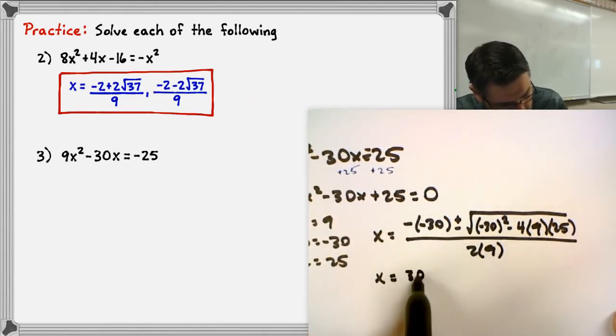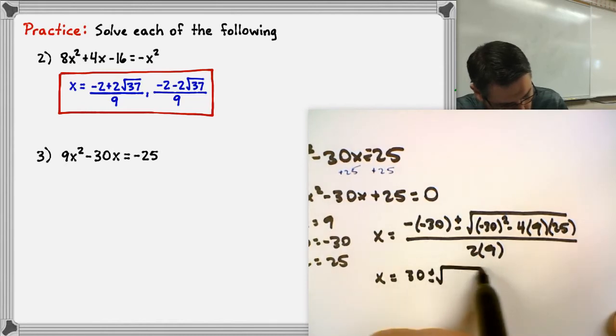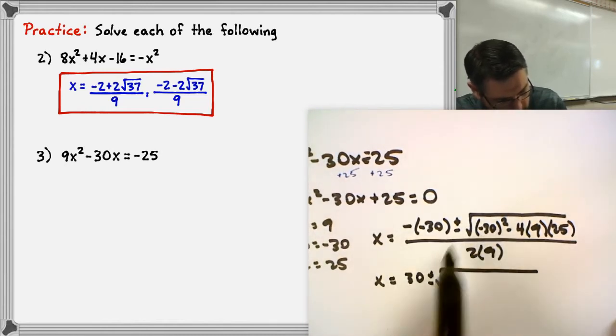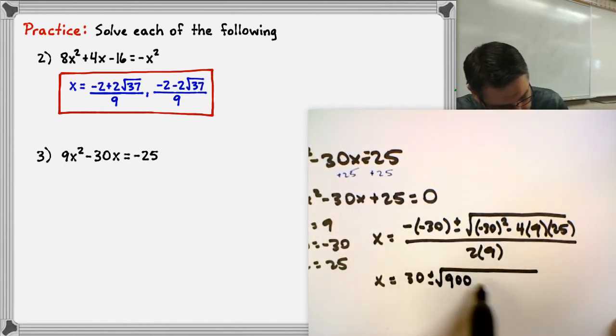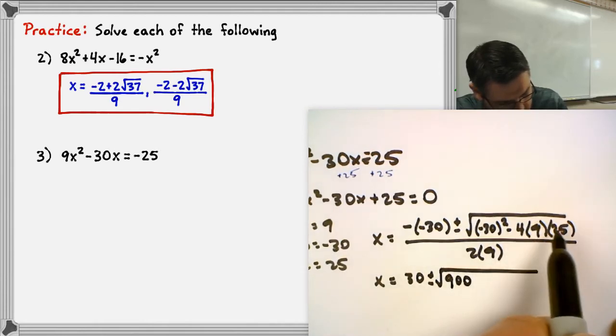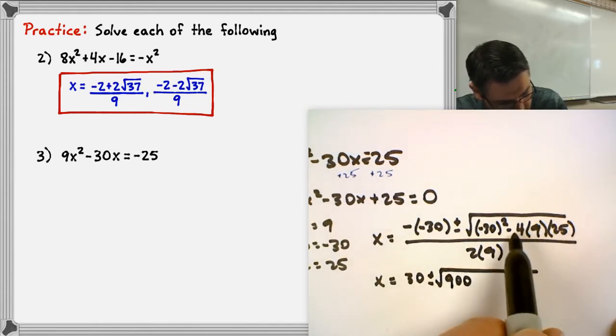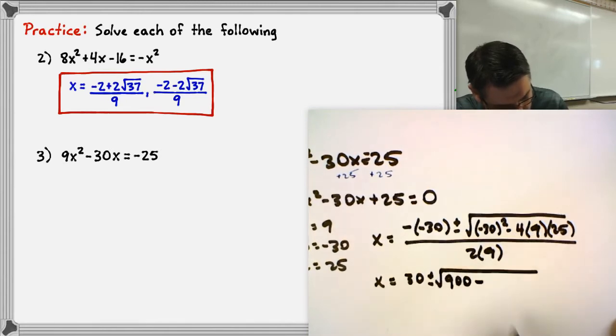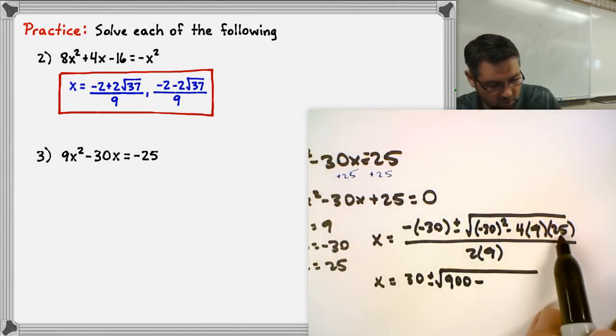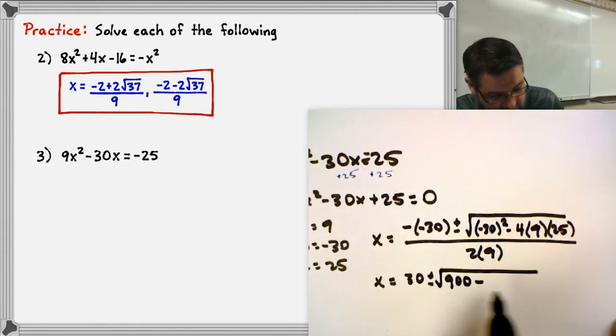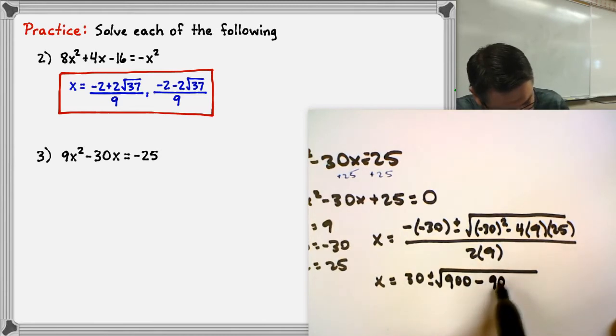The negative 30 is 30, plus or minus the square root of, well, negative 30 squared is 900. 4 times 9 times 25, well, negative times a positive is a negative. 4 times 25 is 100 times 9, interesting, is 900.